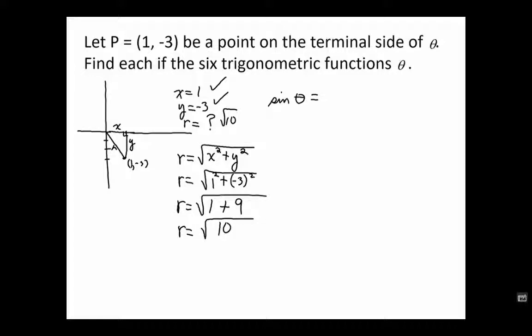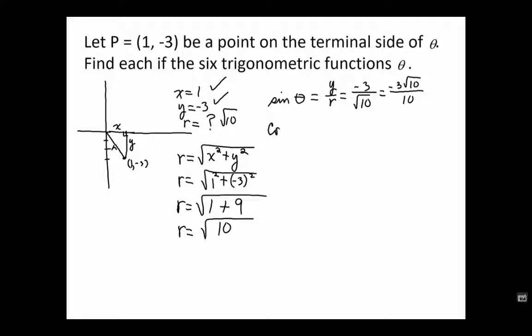The sine of theta is y over r. The y coordinate is -3 and r is the square root of 10. If you want to rationalize this, it becomes -3 times the square root of 10 divided by 10.